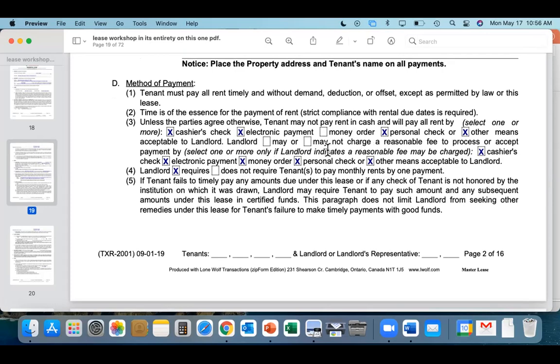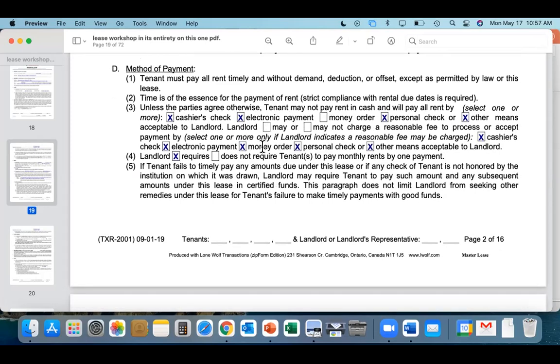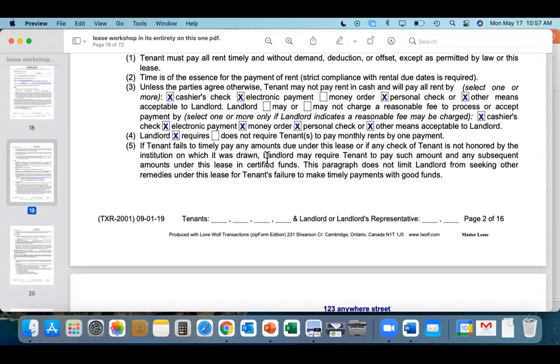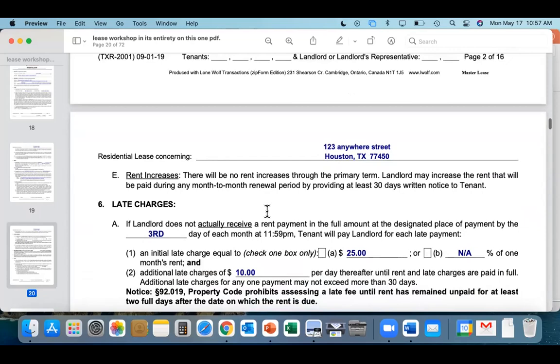This way, there's no excuse that the tenant says, well, I couldn't get a cashier's check. Oh, I couldn't get a money order. If you mark all boxes, there's no excuse to say there was no way for them to get the money to you. It's just a helpful tip. If the landlord asks you what you should put there, he should mark all the boxes. This way, there's no excuse again for them not being able to get the money.